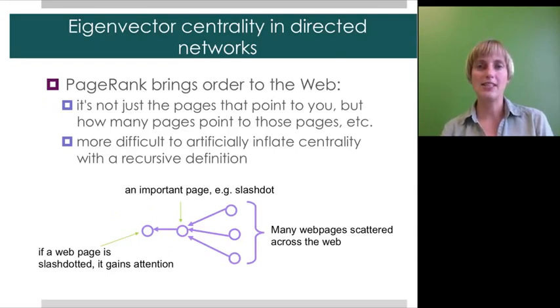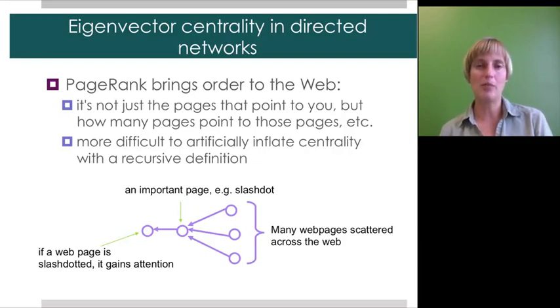Where things get really, I don't know if interesting is the right word, but where there was really a big game change was when you added directionality to eigenvector centrality.